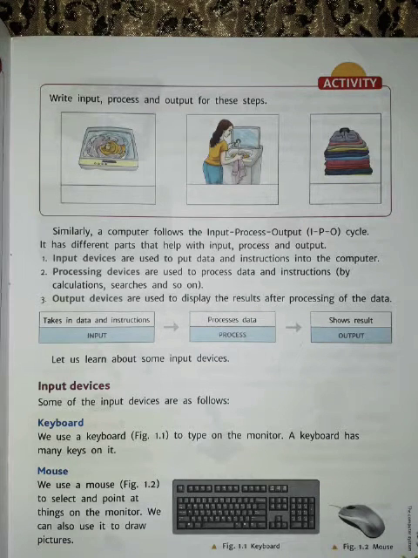After some time we see the clothes are cleaned and ready. So here we can see it is input, process and output. The computer follows these rules every time.